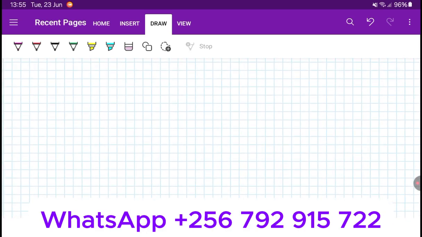But the moment you are given a question on any bar chart, what you have to first think of is the scale.